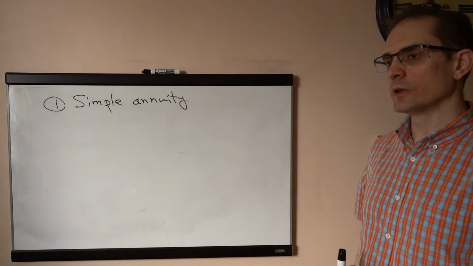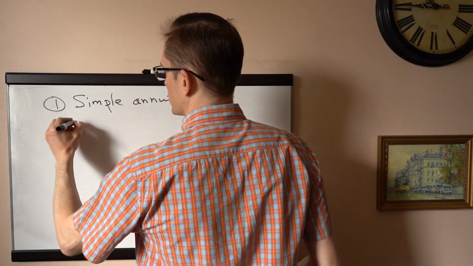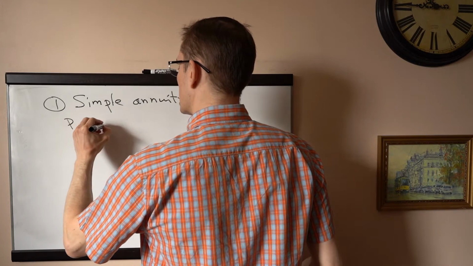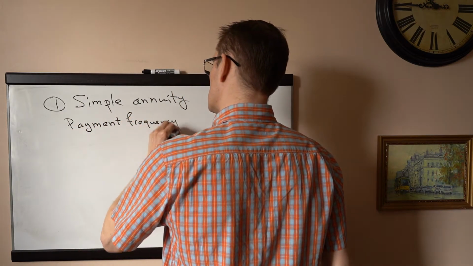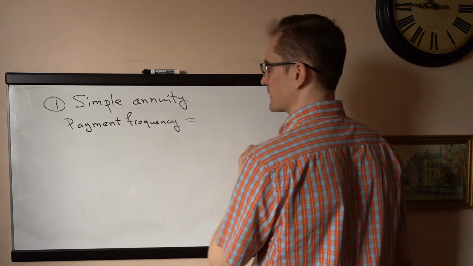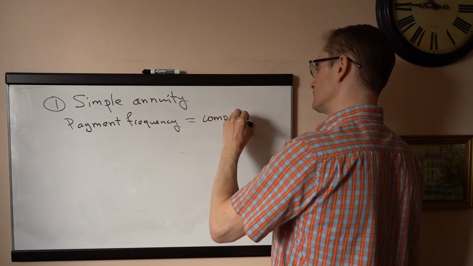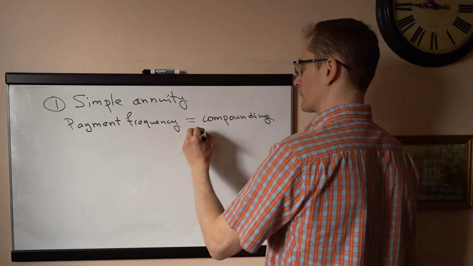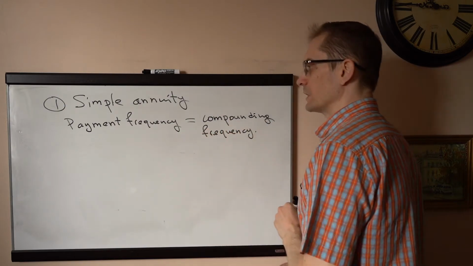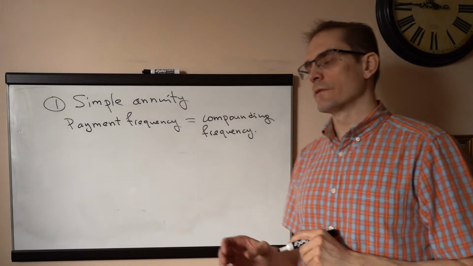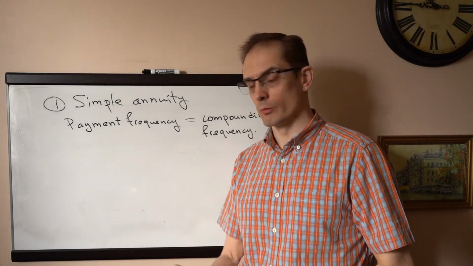Now, in a simple annuity, the frequency of your payments is the same as the frequency of your rate compounding.